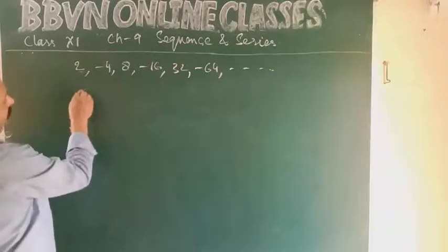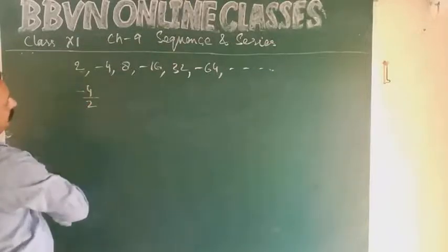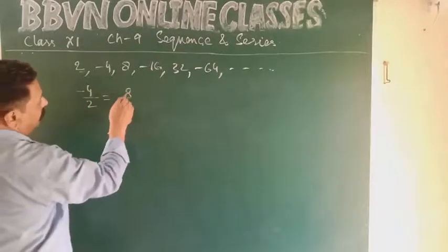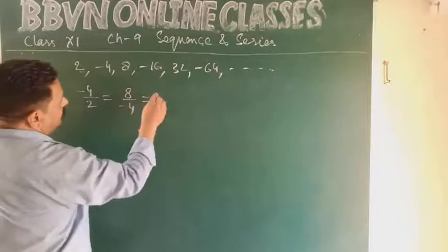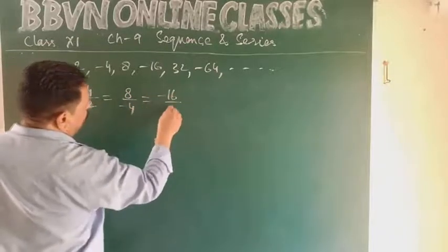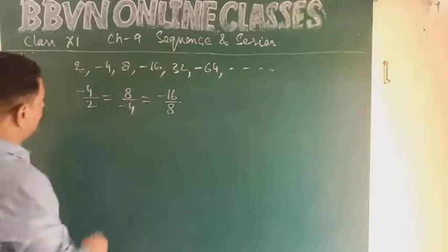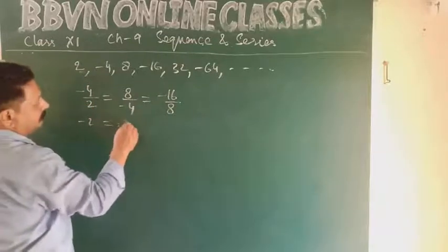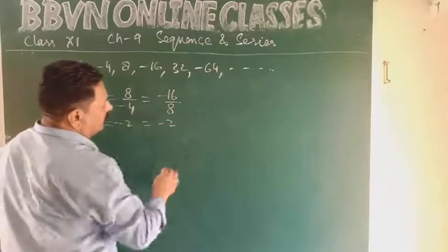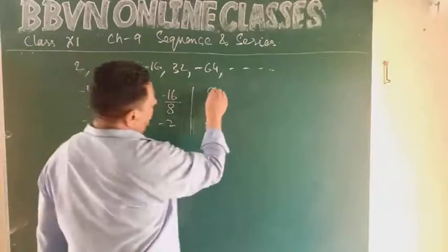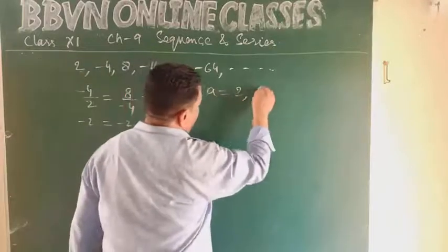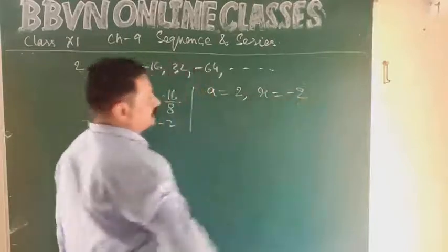If it is a GP, second term upon first term should be equal to third term upon second term, which should be equal to fourth term upon third term. Common ratio. So what do we get? Minus 2. So here in this GP, A is equal to 2 and common ratio R is equal to minus 2.